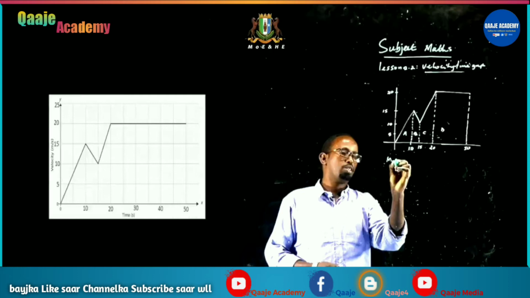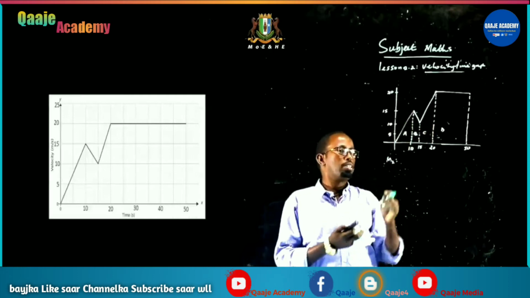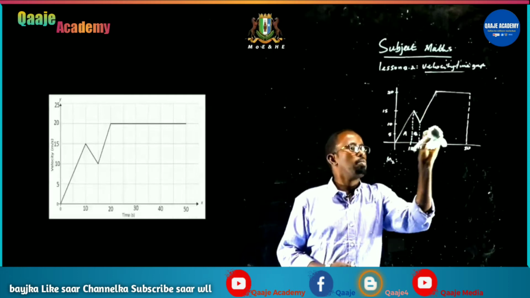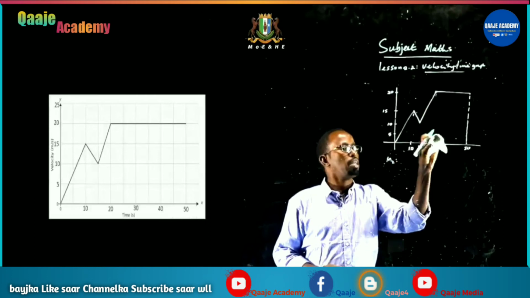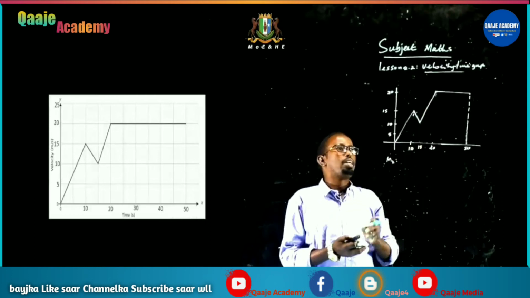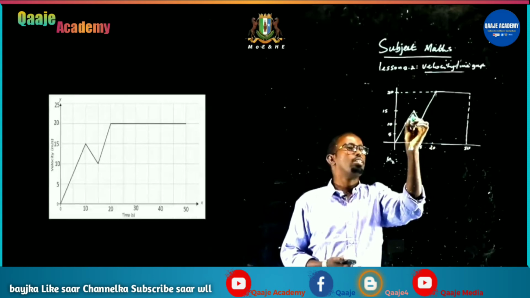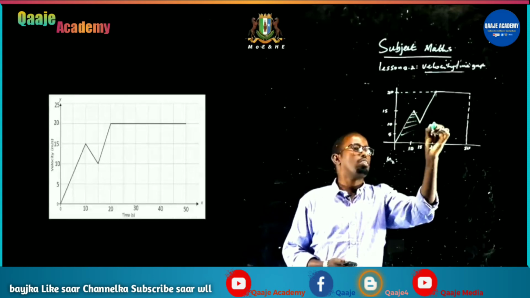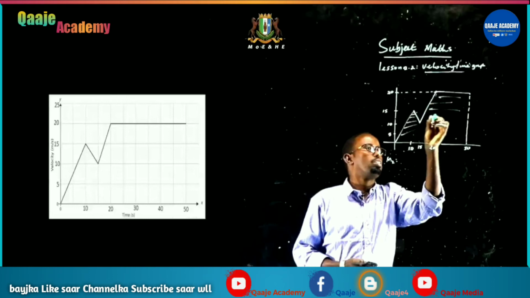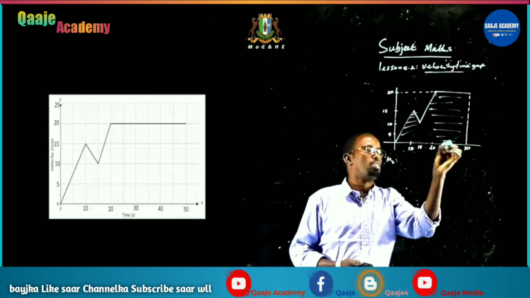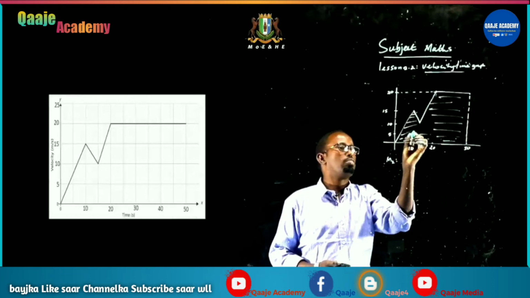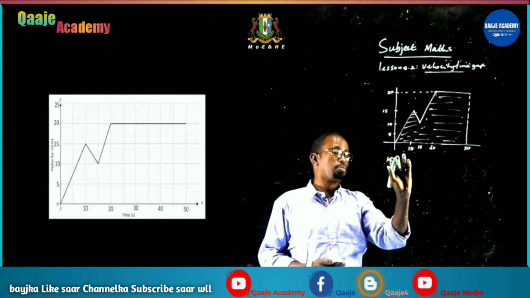Method 2 for that one, you just complete the diagram. This one becomes a rectangle. And then we shade this region. So let's find the area of the shaded region.